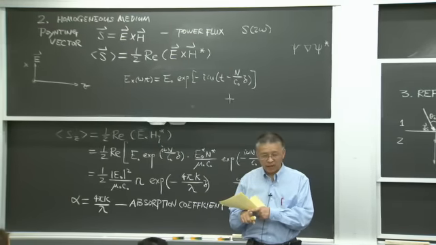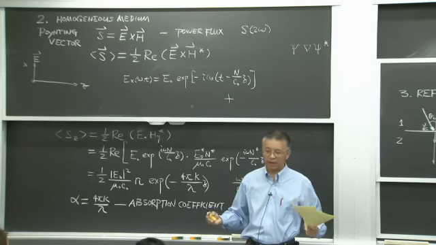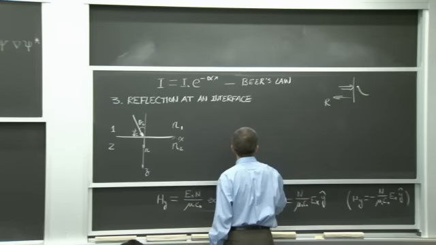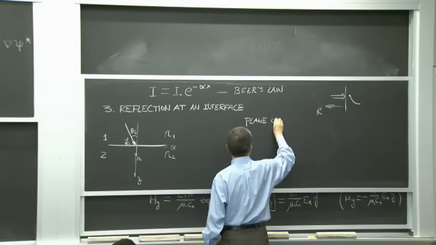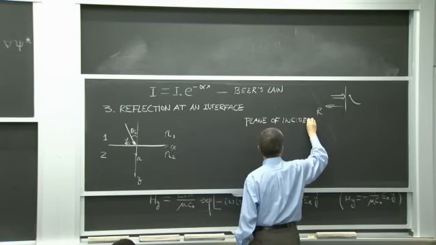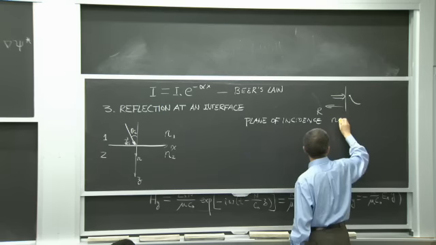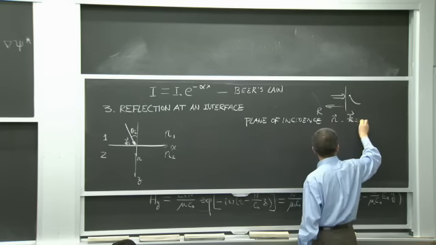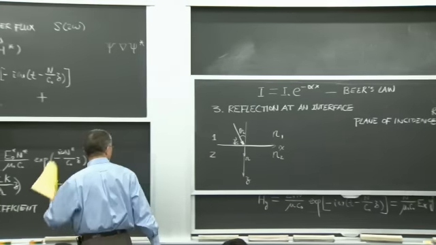So this plane I call the plane of incidence. This is how I define my reference plane. And this is formed by n and ki. These are the two vectors for my plane of incidence.